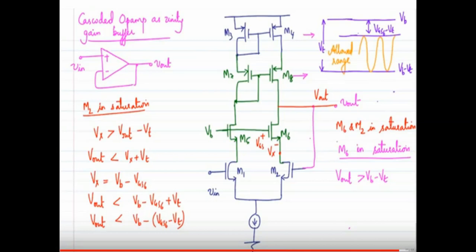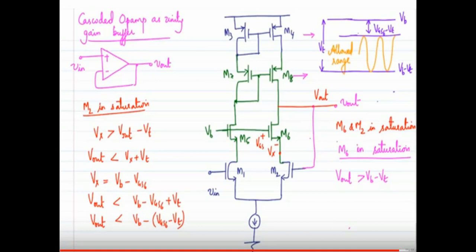That is, the output voltage swing is limited or reduced when we connect a telescopic op-amp as a unity gain buffer.